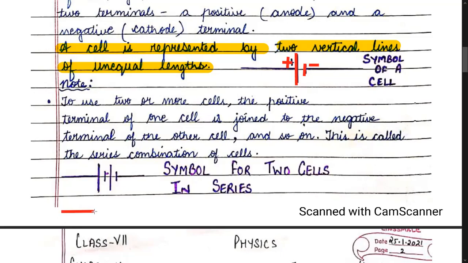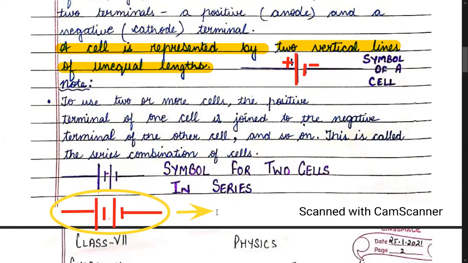So if I have two cells and if I want to join them in series, I will be joining the negative terminal of the first cell with the positive terminal of the second cell. So here you can see a combination of two cells, and such a combination is known as series combination.